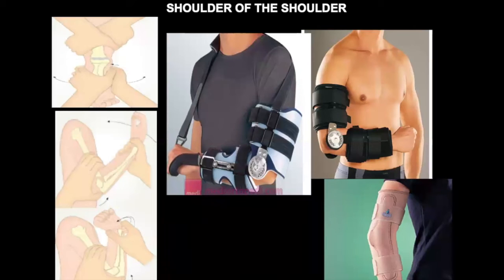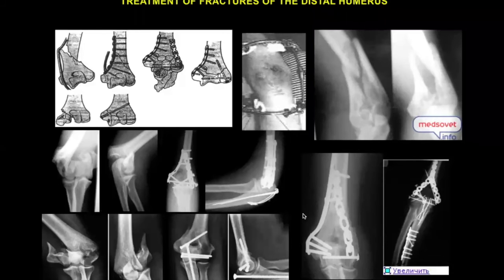So when you have, for example, a fracture of the distal part and the patient doesn't want surgery, it's better to provide a functional orthosis. You could provide function even from the 3rd day after trauma. And on this picture, you could see different types of this fracture and different ways of its treatment.